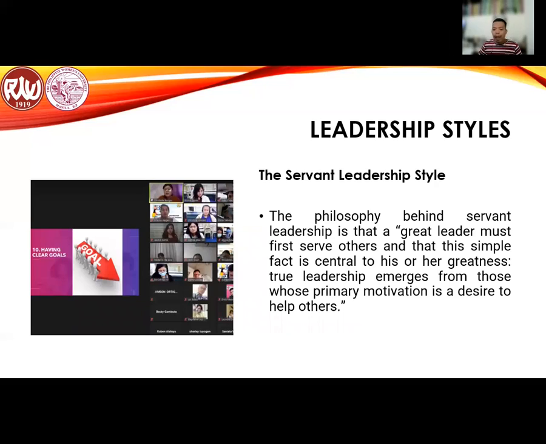The philosophy behind servant leadership is that a great leader must first serve others, and that this simple fact is central to his or her greatness. True leadership emerges from those whose primary motivation is a desire to help others.